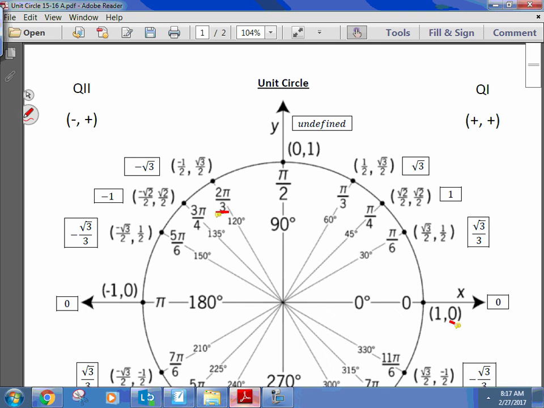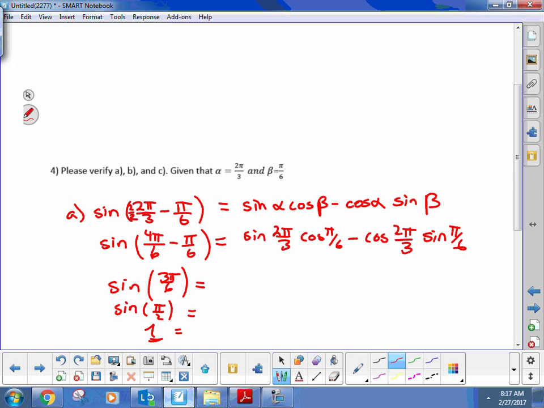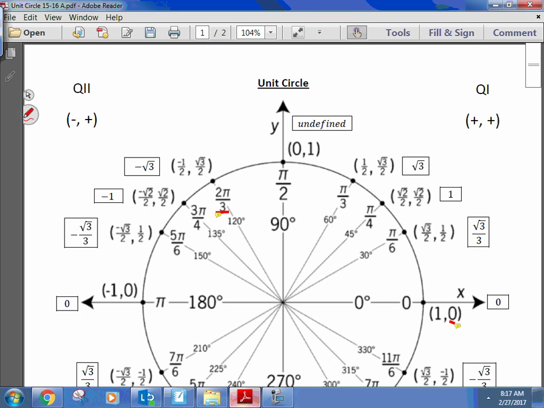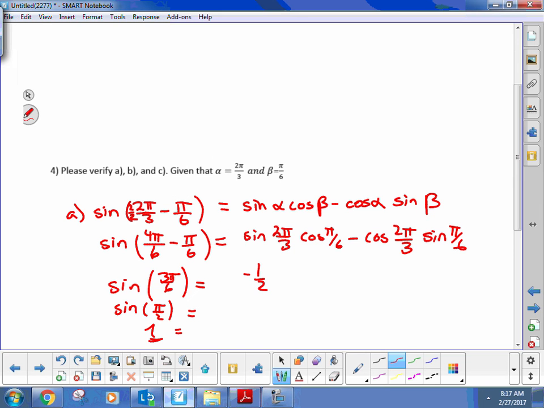Now when I bring up the circle, 2 pi over 3, cosine is going to be negative 1/2. So this is going to be negative 1/2. Cosine of pi over 6, let's bring up the unit circle. Pi over 6 is over to my right, square root of 3 over 2. So it's going to be square root of 3 over 2. And after that, cosine of 2 pi over 3, let's go.